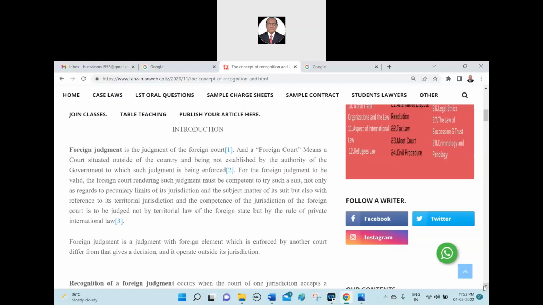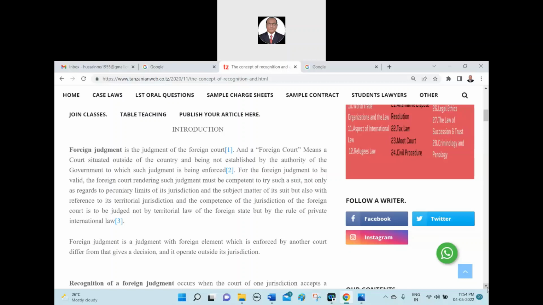When you say territorial, for instance, you can take Kenyan law. If Kenya decides a case, it is within the jurisdiction of the Kenyan country. Am I right? The geographical area of Kenya. It will be decided there.